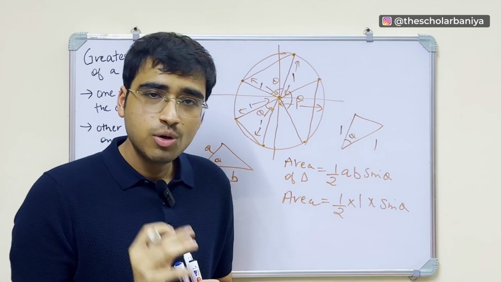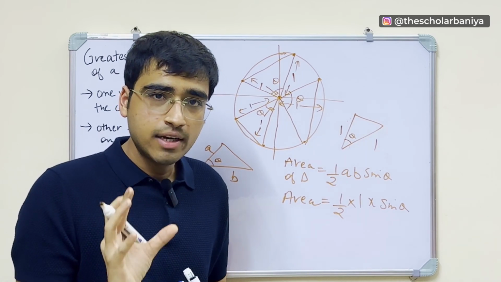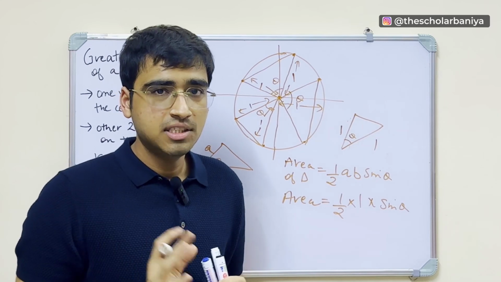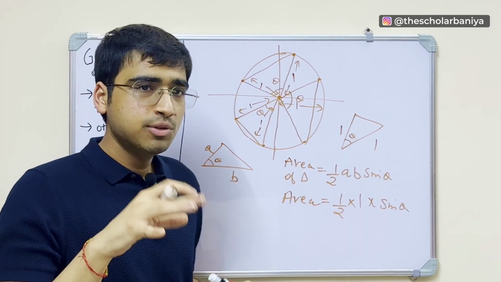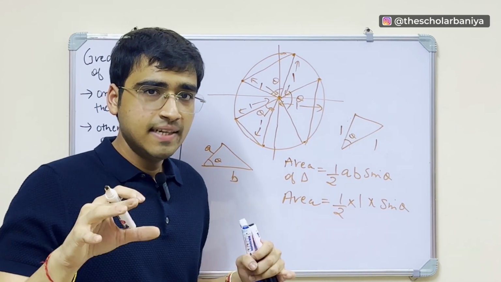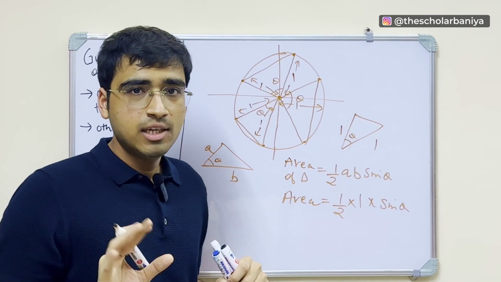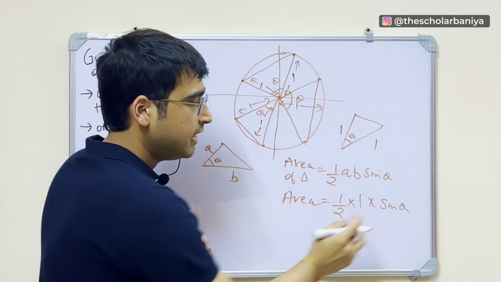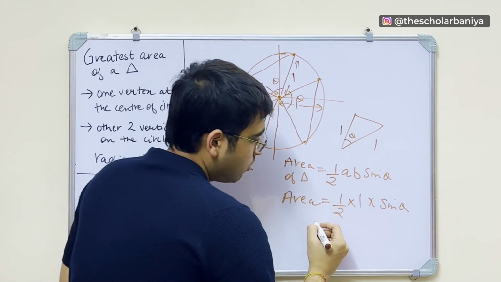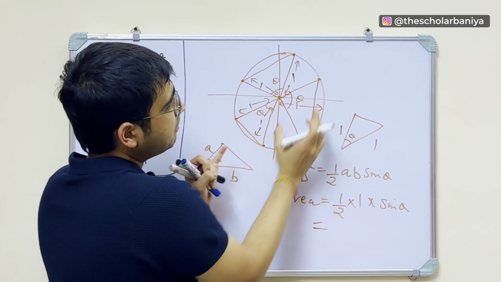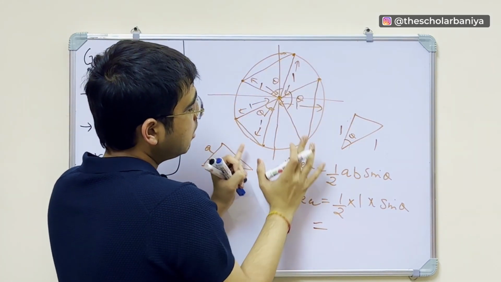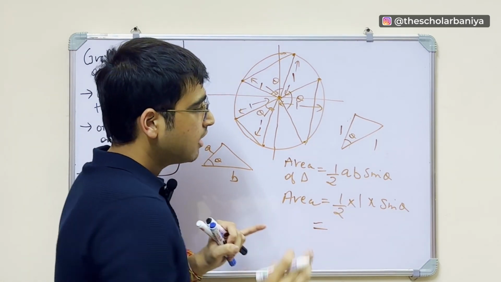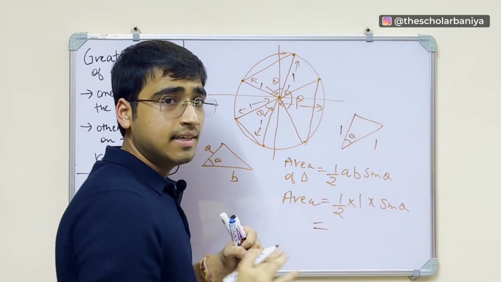And we also know that the maximum possible value of sine theta is 1, right? Because sine 90, for example, is equal to 1. So if you see the value of sine theta, the maximum possible value can only be 1. And since we have to find the maximum area, we'll take the maximum value. So we will have some kind of triangle on the circle where the value of theta will be 90, therefore making sine theta equal to 1.